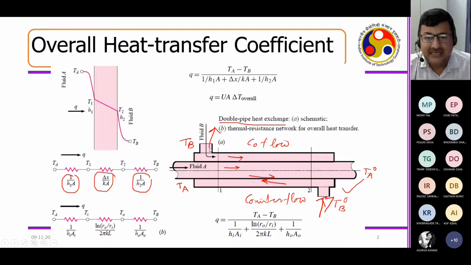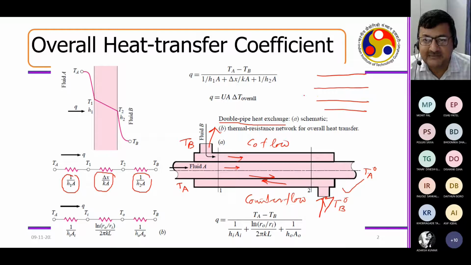Suppose I draw a counterflow situation where the outside fluid is inlet here and outlet there. The fluid is going in this direction and this fluid is going in that direction, right? So here, this is my T hot inlet and this is T hot outlet, whereas this is T cold inlet and this is T cold outlet.